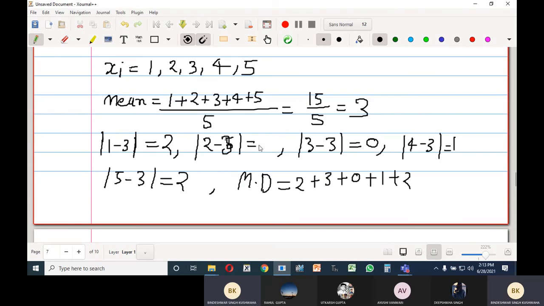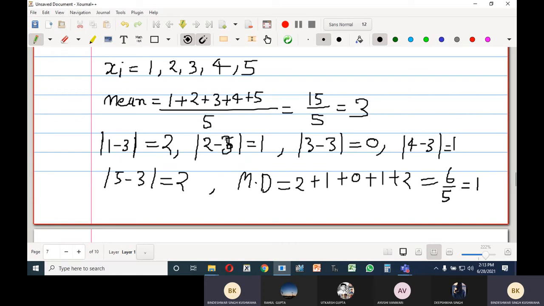Okay, it should be 1. Then 3 minus 3, 0, 4 minus 3, 1, 5 minus 3, 2. So here instead of 3, we will take 1. So 1 plus 1 plus 0 plus 1 plus 2, 6 upon 5.